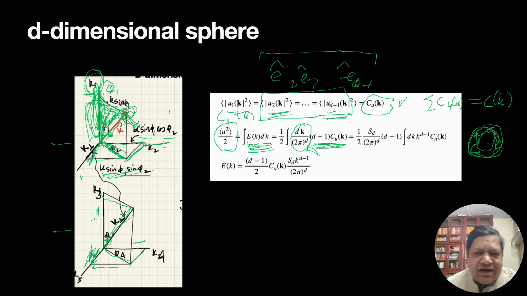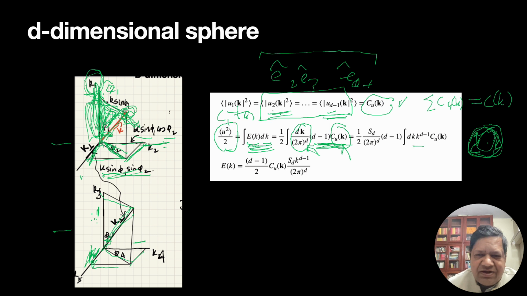Well, it turns out this is a function of k. Now for isotropic flows, it won't be a function of the k vector, it's going to be a function of the k magnitude. It's isotropic, so in any direction I go, I will get the same energy as long as my magnitude of k is fixed.